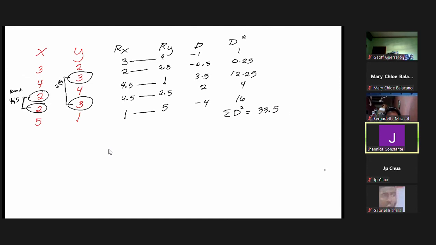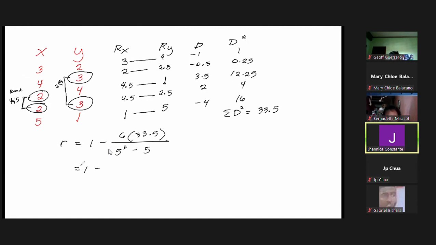So correlation: 1 minus 6 times 33.5 divided by n cube minus n, which is 5 cube minus 5.